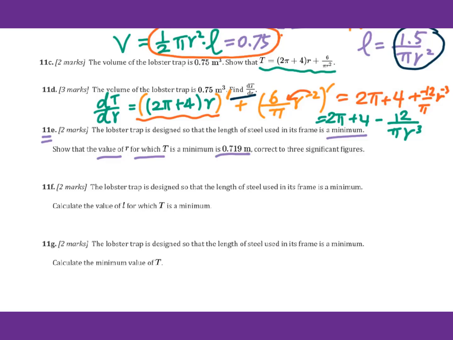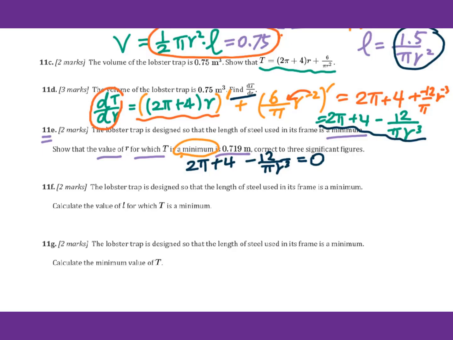In other words, we are looking for a minimum, so we need to set dT by dr equal to 0. In other words, we need to set up this equal to 0 to solve for this r. So we have 2 pi plus 4 minus 12 over pi r to the third power equals 0.